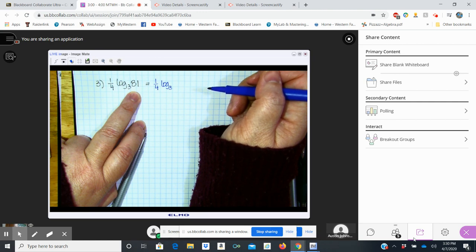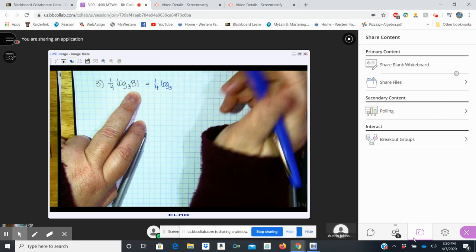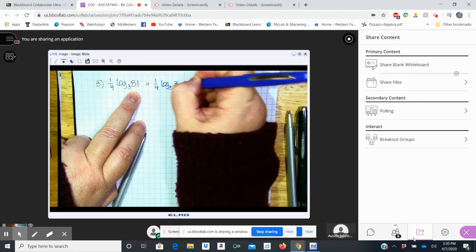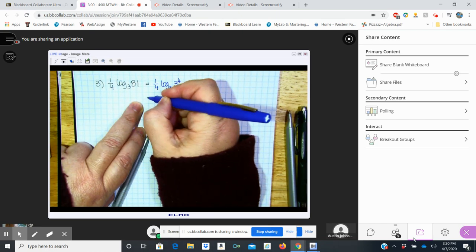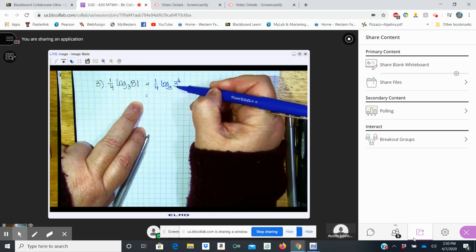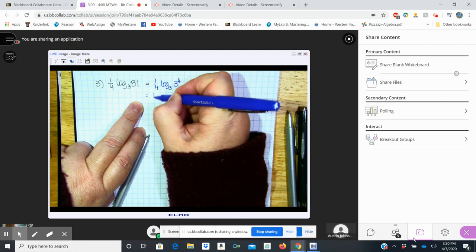Can you do the factorization of 81? Correct. Now that I have this as a to some power c, I can pull that power out front.